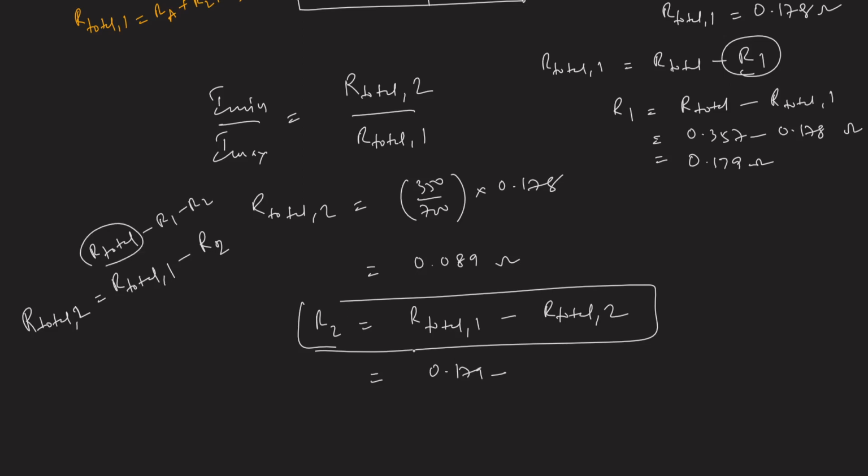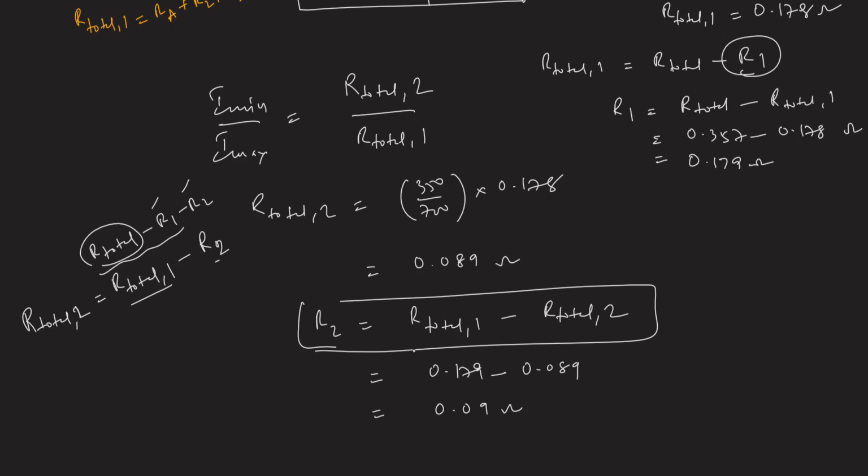From R total we can subtract R1 and R2. R total minus R1 is equal to this, so from this I am subtracting R2. So this is 0.179 minus R total comma 2, which is 0.089. How much does this come to? 0.09 ohms. Okay, make it a three digit number.